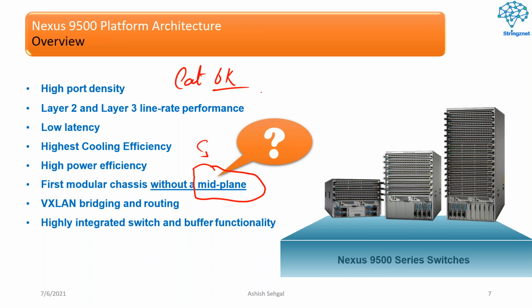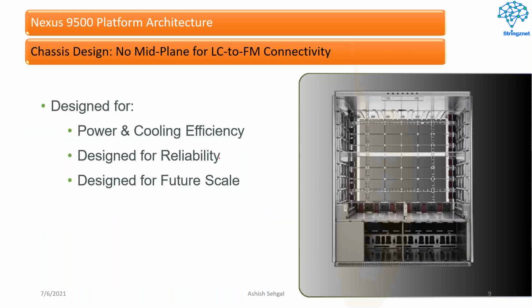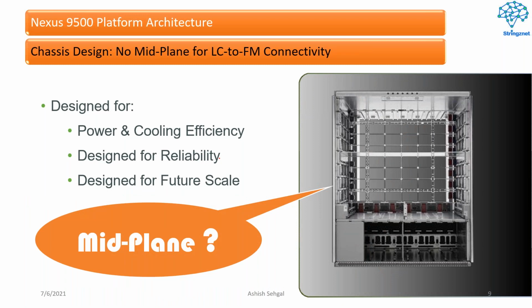Guys, here in Nexus 9K Cisco for the first time removed all the modules, removed everything, and showed us a naked chassis, wherein Cisco categorically said that if you look inside the chassis, it is absolutely blank, it is just an enclosure. We are not requiring the chassis to provide any line card interconnectivity.